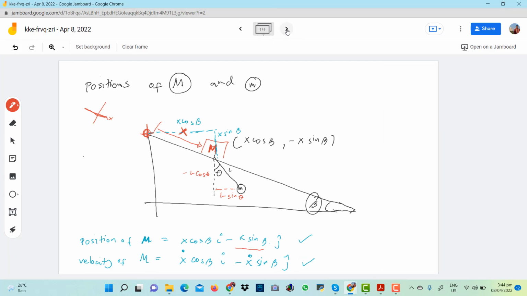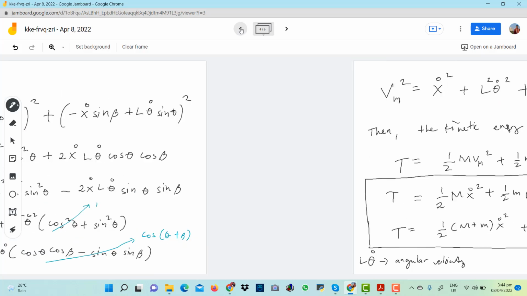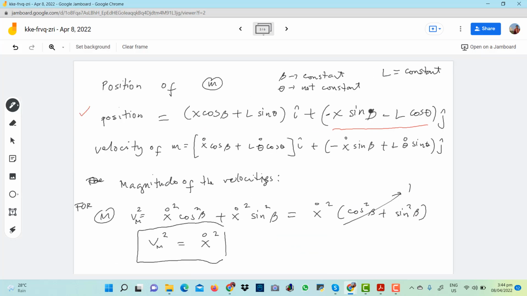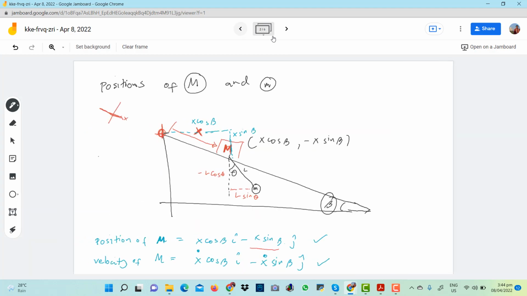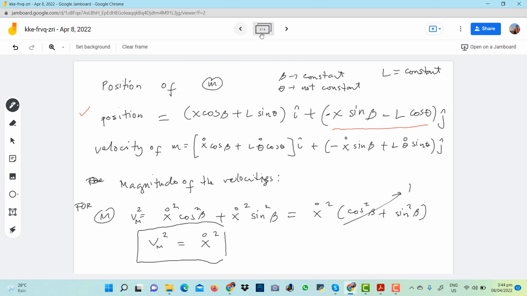So that's the potential energy for the big mass M: I have minus x sine beta. For the small mass, it is minus x sine beta minus L cosine of theta. Sine beta, right? Yes, sine beta, and L cosine, minus L cosine.